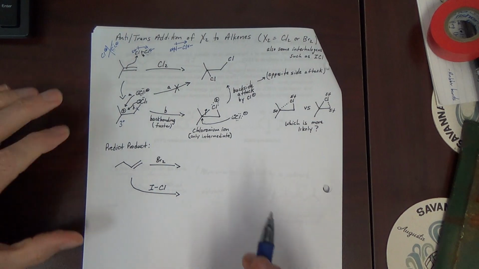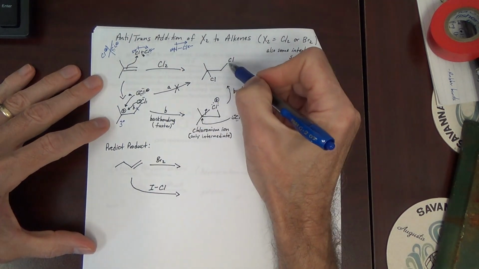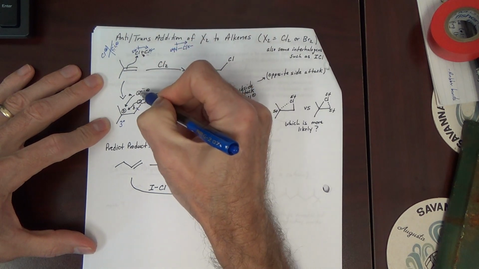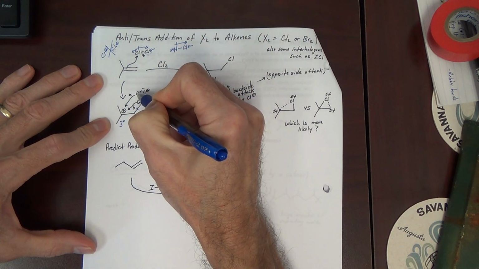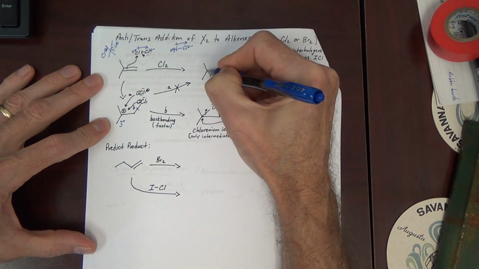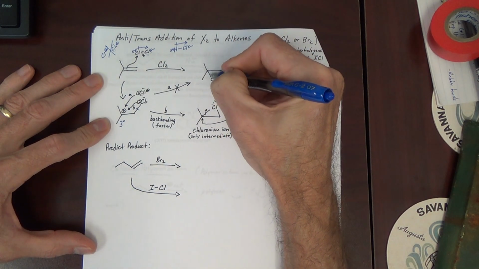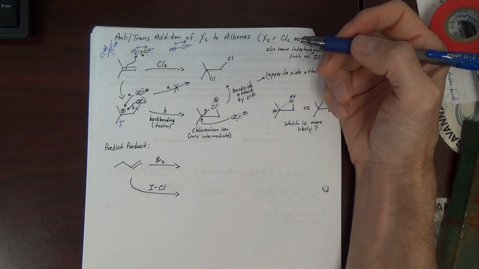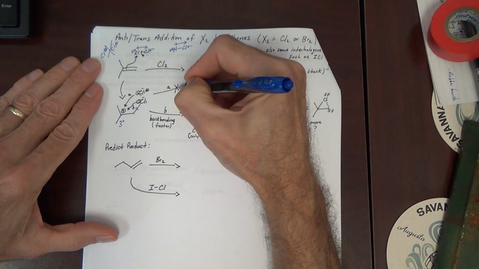Now, we need to say a couple of things. First off, we could get the final product simply by the other chlorine, the chloride that was generated, acting as a nucleophile, and bam, giving a chlorine-carbon bond over here. But that is not the mechanism here.